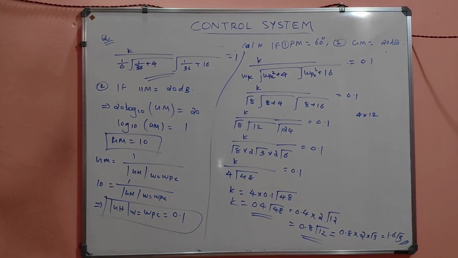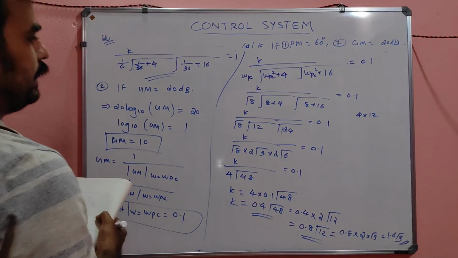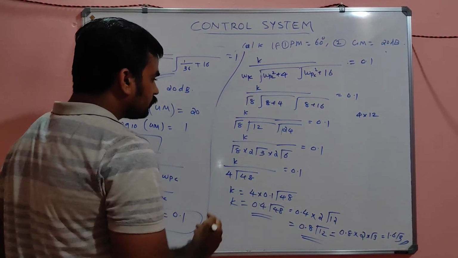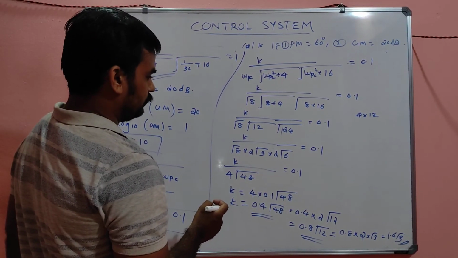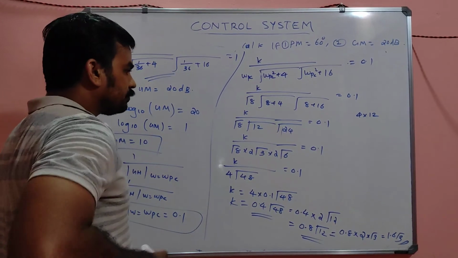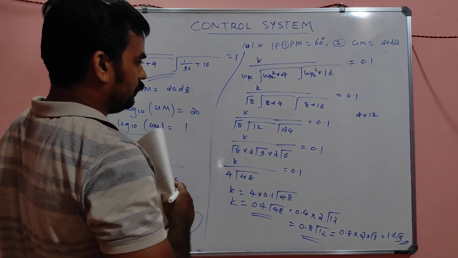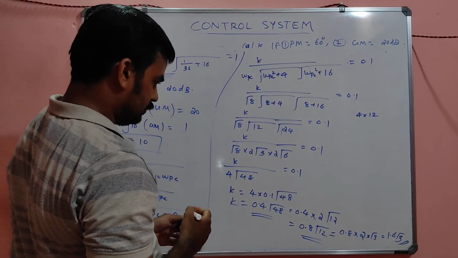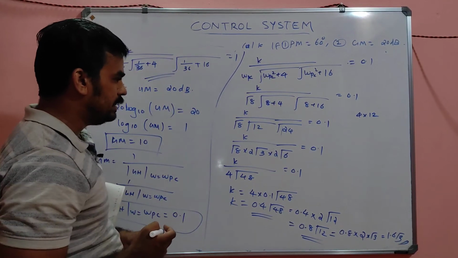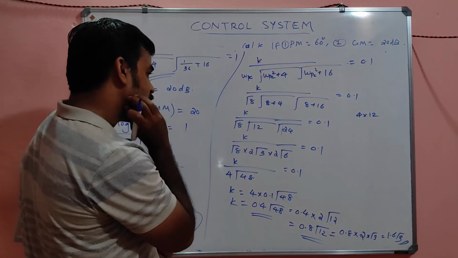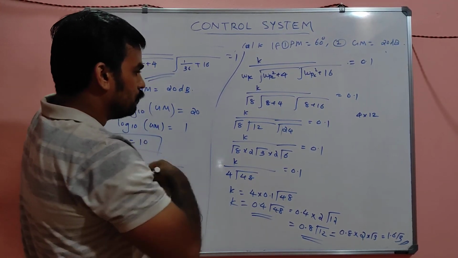Root 8 into 12 into 24, na? Root 8 into 12 into 24. K divided by again root 8 into... Directly you can do this now. Is there any easy manner? 12 into 24 into root 8.